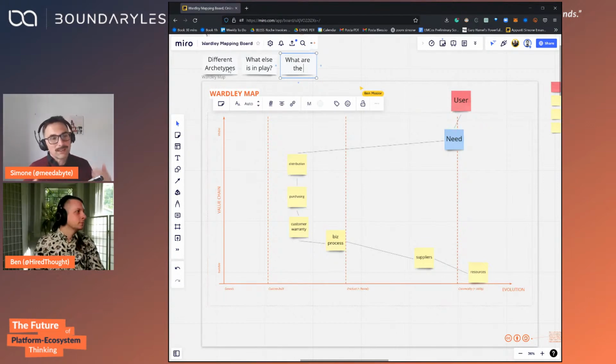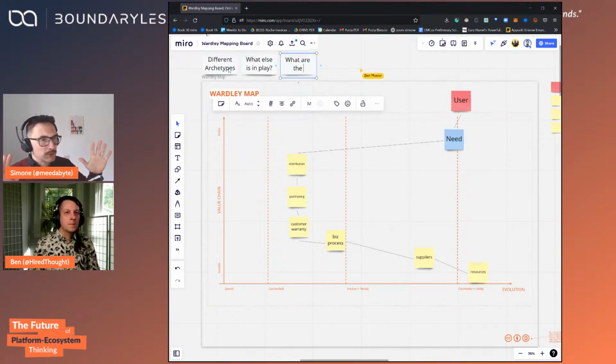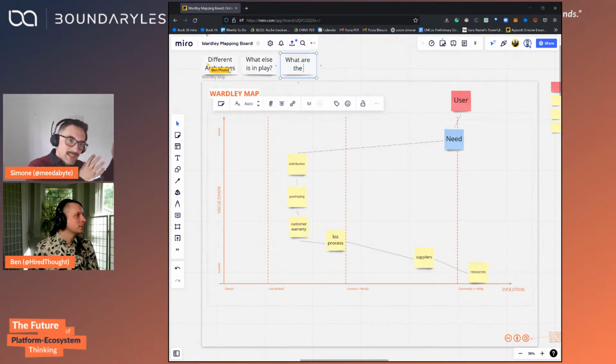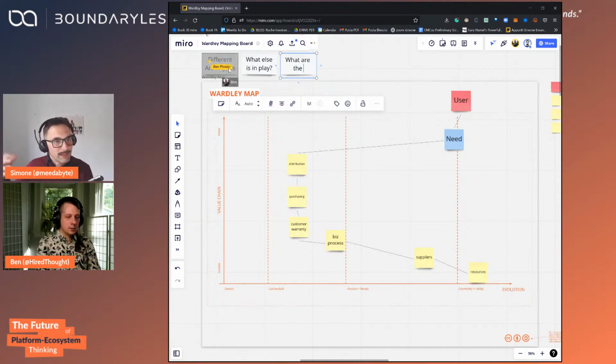So maybe a good starting point would be not just to start assuming that you're going to map a C, but maybe you can map a C, an L shape, and this also brings some insights, right? So given the shape of the Wardley map, am I mapping a more artisanal market or more like an industrialized market and so on? So that's also part of a process that can generate insight.